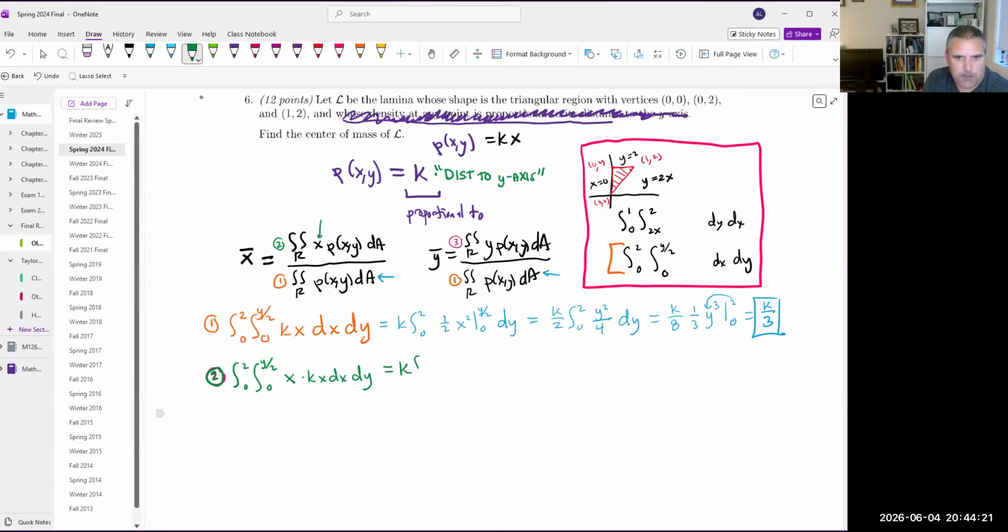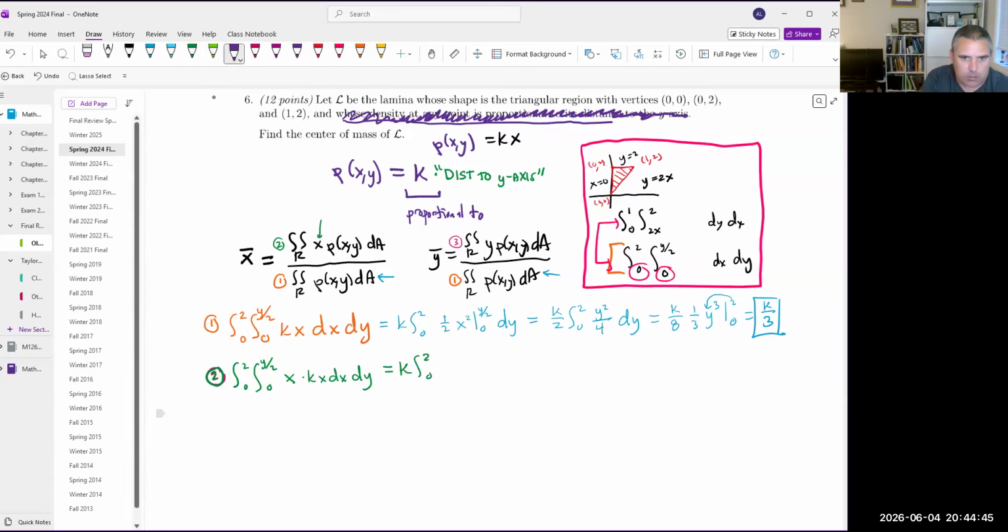Okay, I'm going to pull out the k. I chose dx dy because it looked good to me. There's no reason. You could use either one. I'll tell you the reason actually I chose it is because there were 2 zeros, and to me, 2 zeros are better than 1 zero. That's why I chose that. But it doesn't matter. You could choose either way.